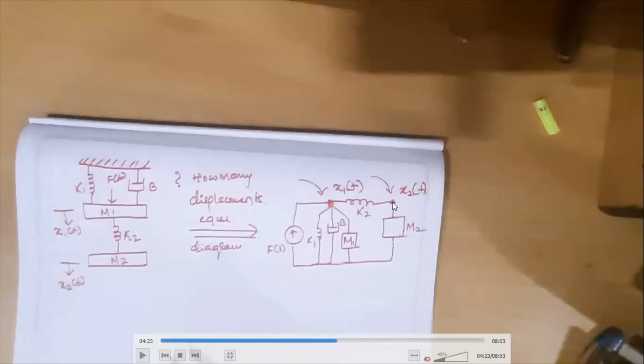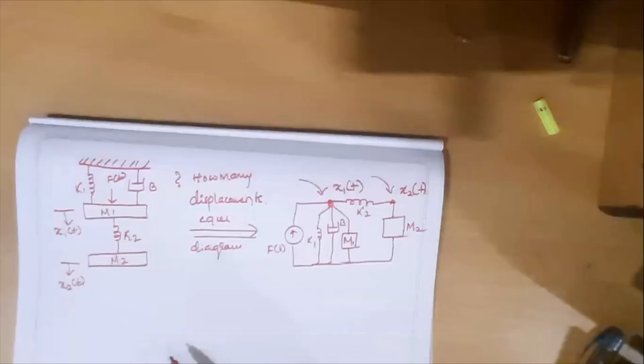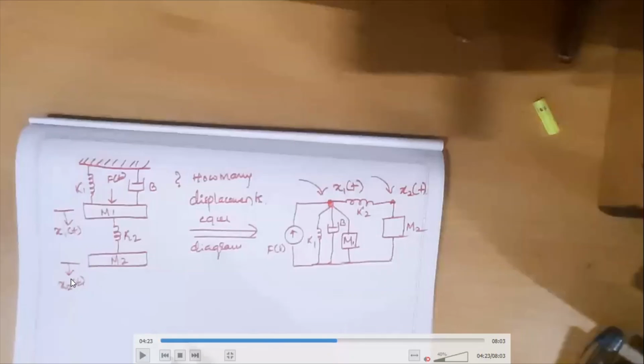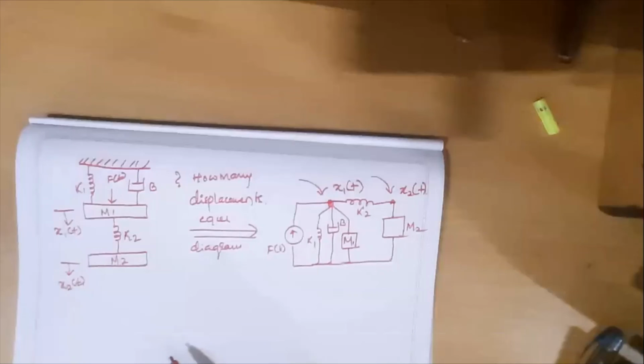Then coming to m2, the movement of m2 is governed only by x2. Whatever force is exerted because of f of t on m2 is responding by getting displaced as x2. That's why x2 will have the m2 element as a parallel element.